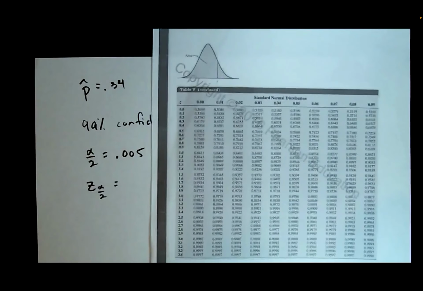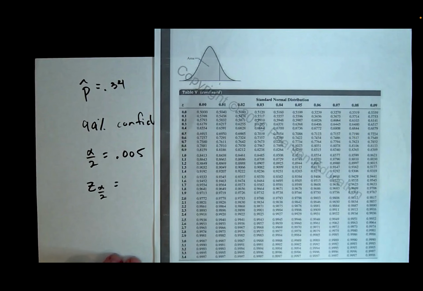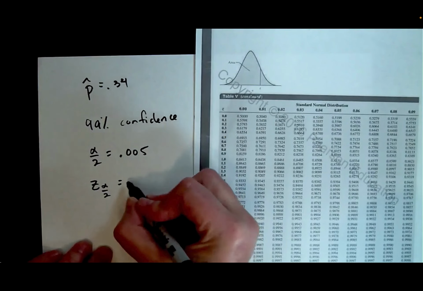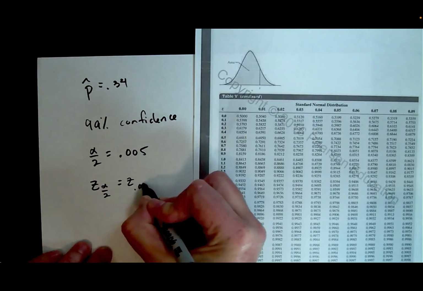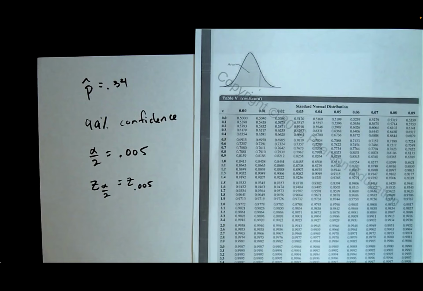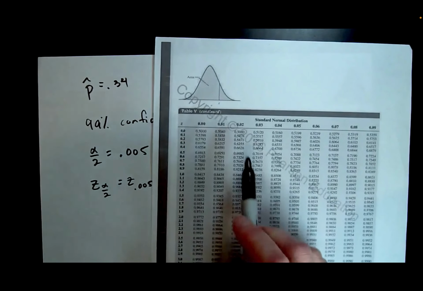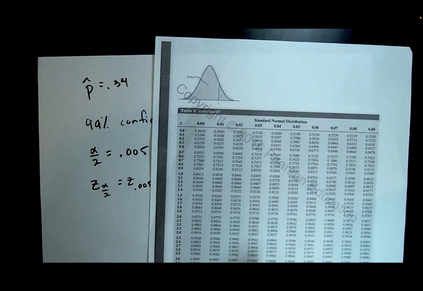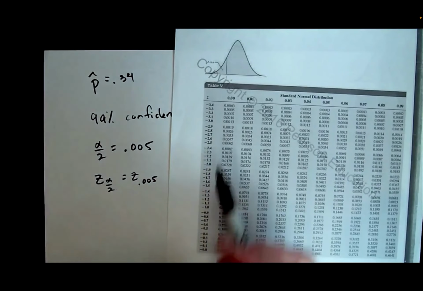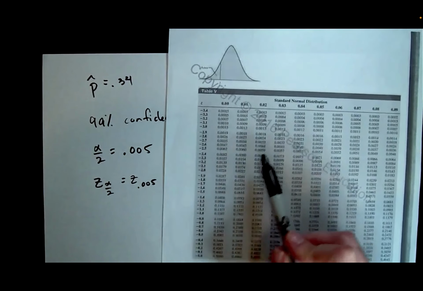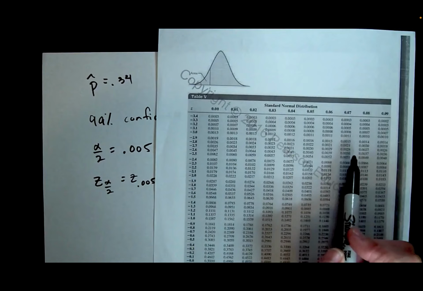Okay, so again, I'm looking for z sub 0.005. So looking for 0.005 in here, I'm going to want this part of the table. If you're not sure which part of the table you want, that's okay, it's not a big deal.